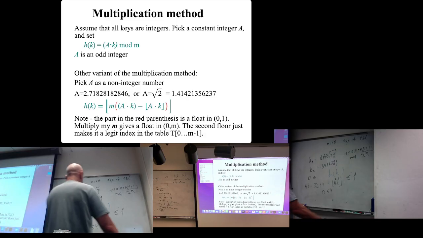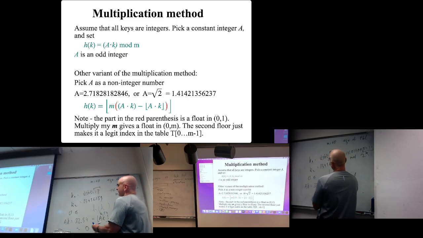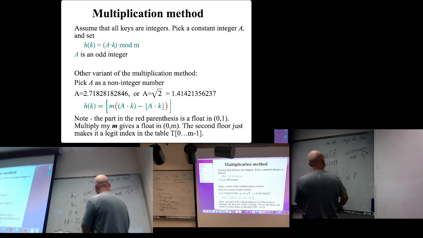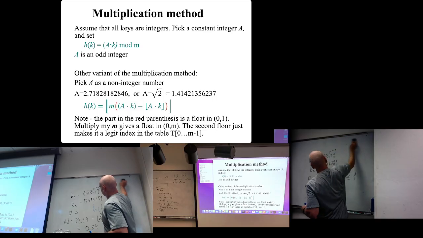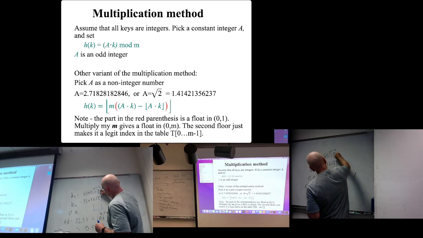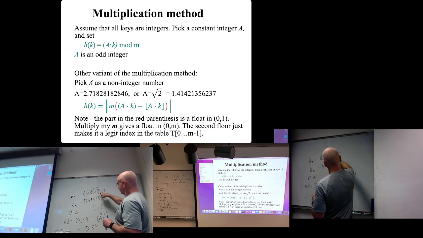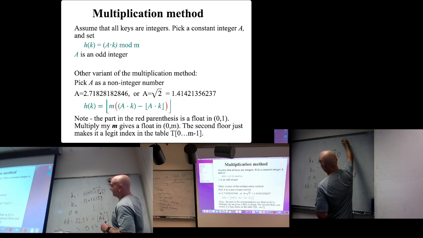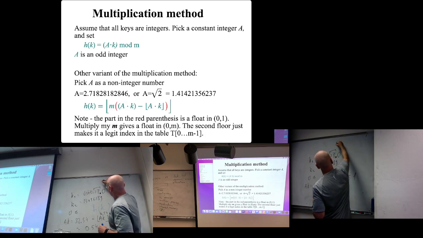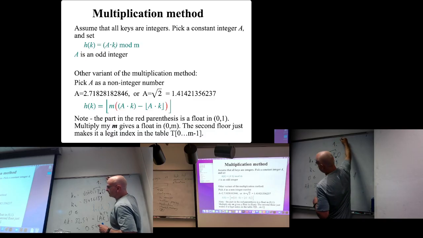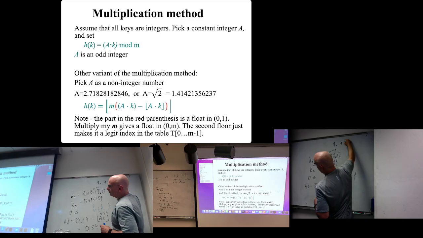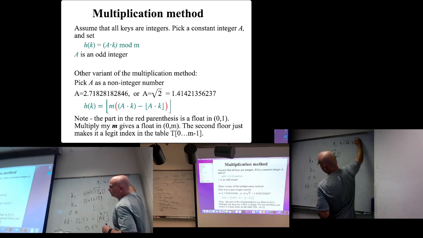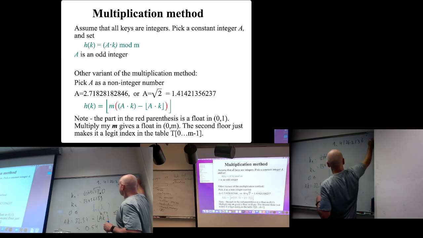So this will be somewhere between 0 and 1. And the nice thing is that if you think about it, here is k as a number, and I multiply it by the square root of 2, which would be 1.4142135, yada yada. Lots of digits here.